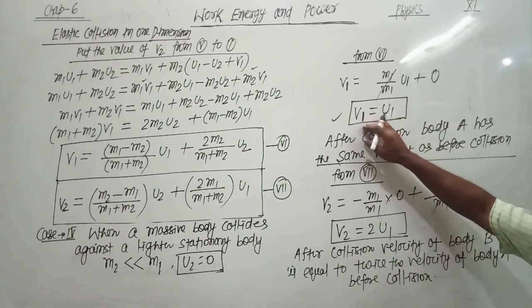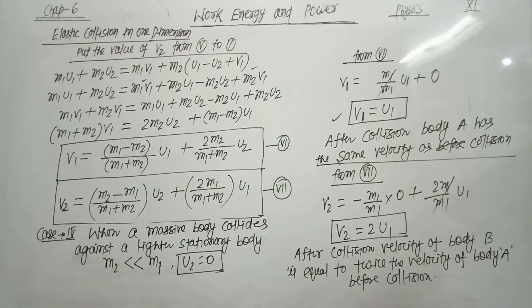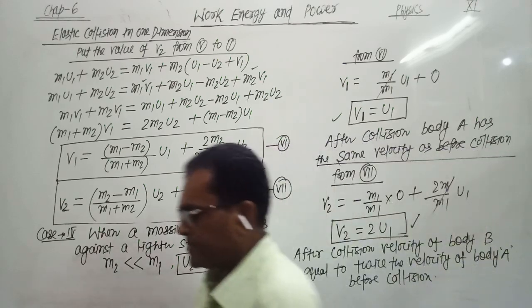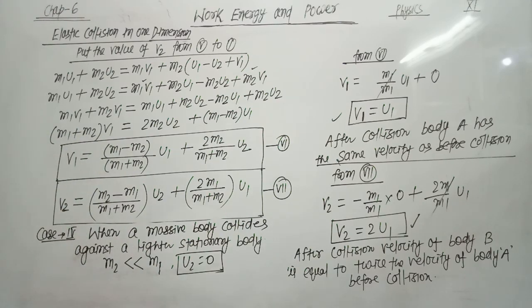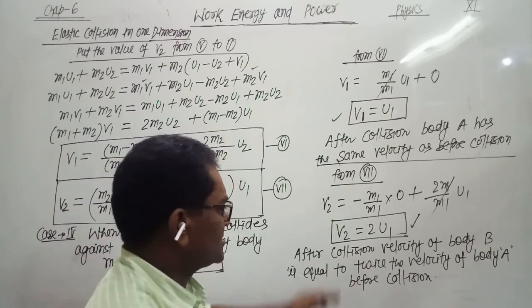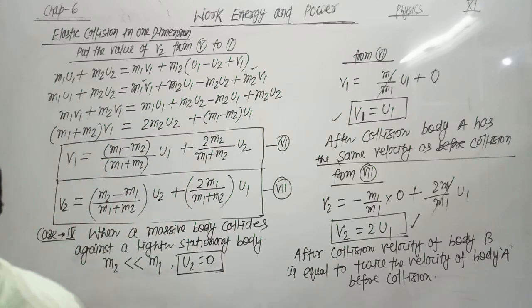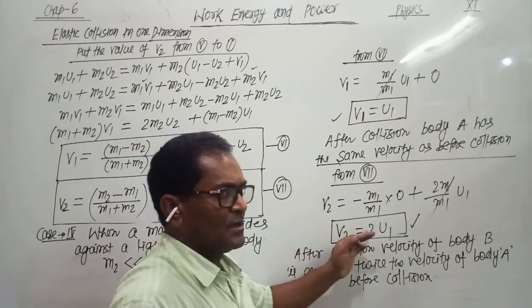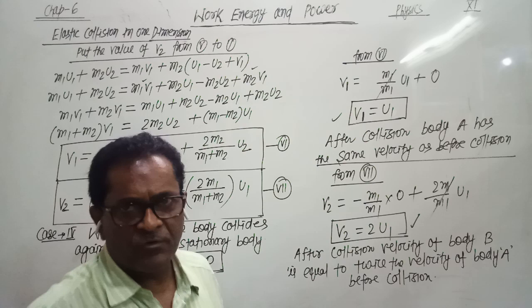And from equation number 7, the body which was at rest acquires more velocity, twice the velocity of body A. Means the body which was at rest before collision started moving with a larger velocity, twice the velocity of body A before collision.